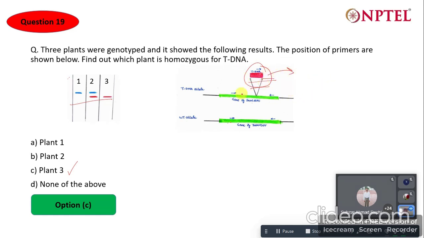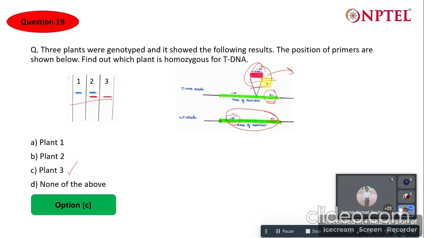We are given that one of the primers binds to the tDNA, specific to the tDNA region, and the other primer is present outside the tDNA. In case of the wild type allele, there is a primer that binds to the gene, the forward primer, and this is the reverse primer that will give us the PCR product.